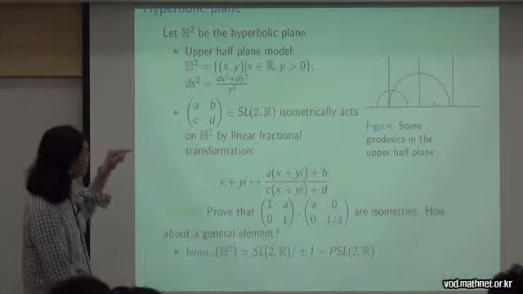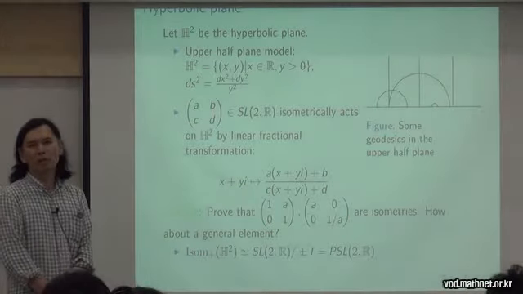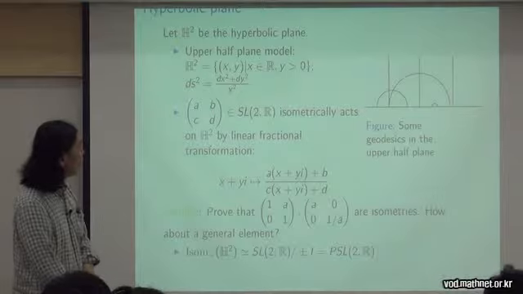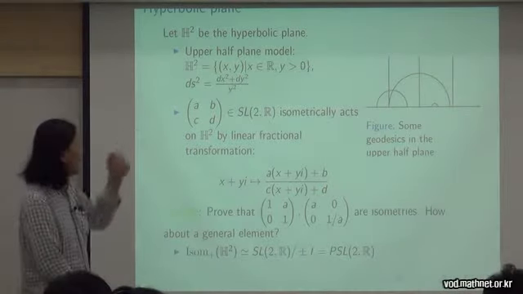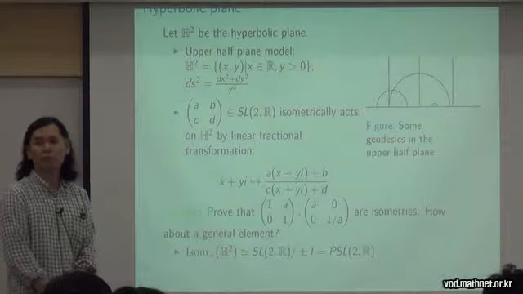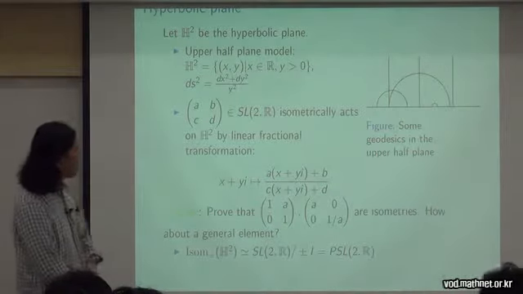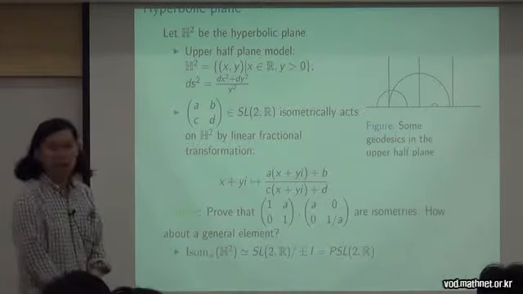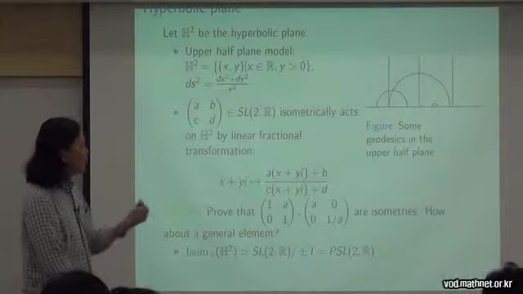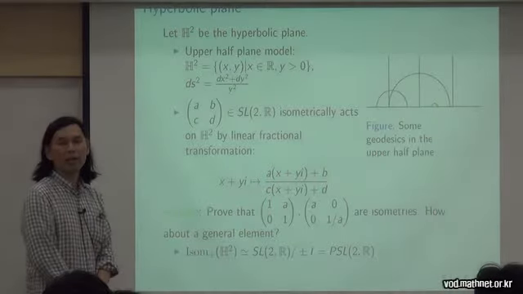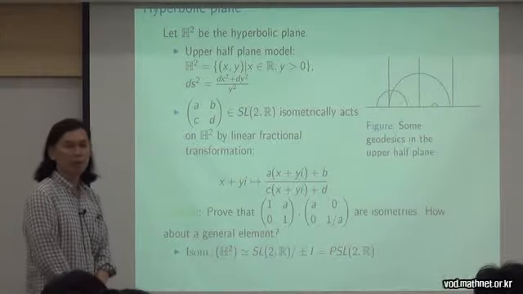If you are higher, namely if the y coordinate is large, then the metric or distance shrinks by the factor of 1 over y. On the other hand, if you approach the x-axis, y goes to 0. That means the distance there is much larger compared to the Euclidean distance.